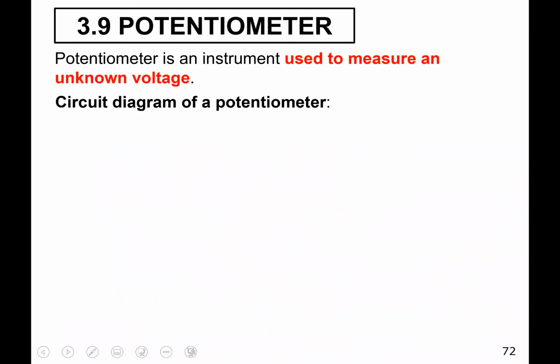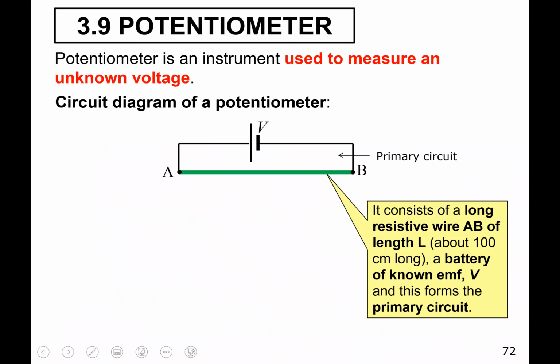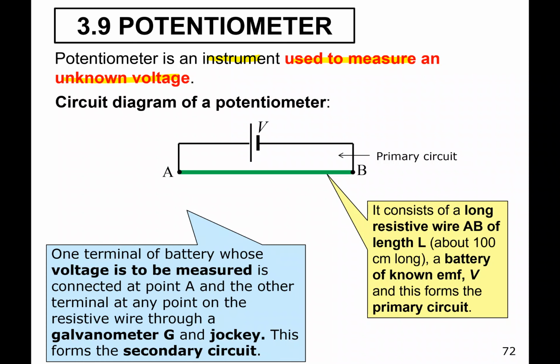Okay, let's start. Potentiometer is an instrument used to measure an unknown voltage. So the diagram for potentiometer, actually we have two parts. The first part, we call it the primary circuit.